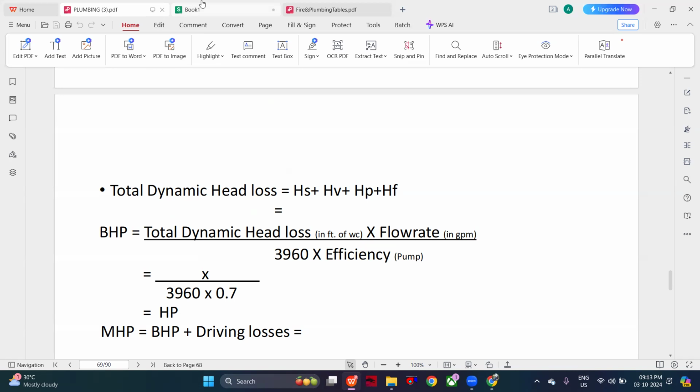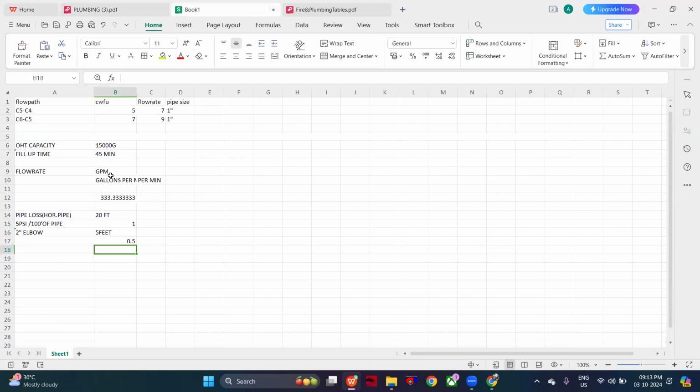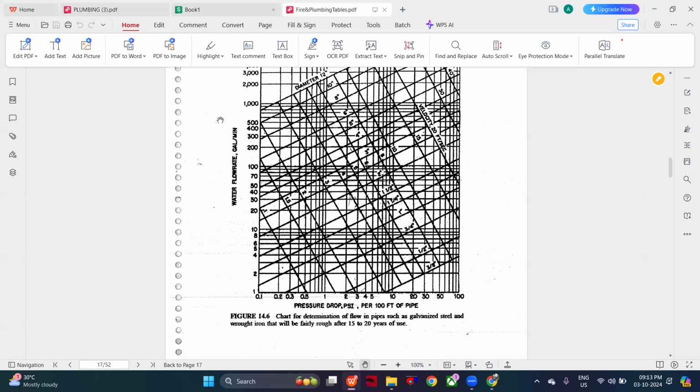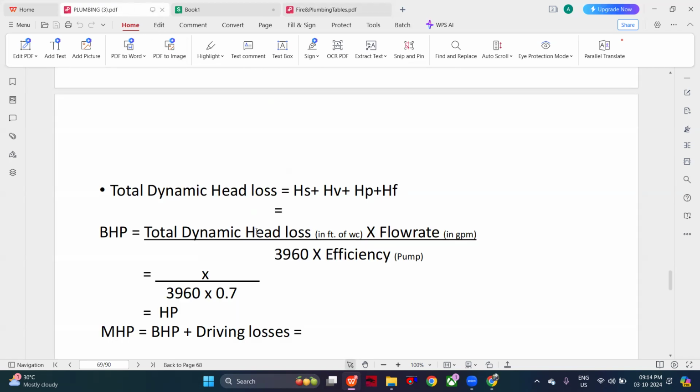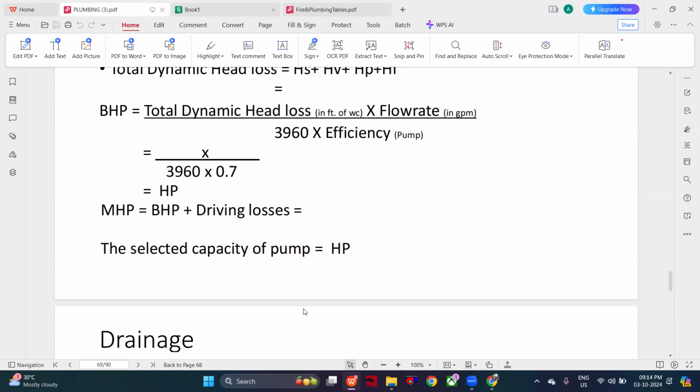Then using the flow rate in GPM, I will share the notes like the hydraulic analysis, this component calculation. Then you find the BHP, and using the driving losses you will get the capacity of HP. These are the basic ideas for pump head. I will share the notes on how to find the flow rate.